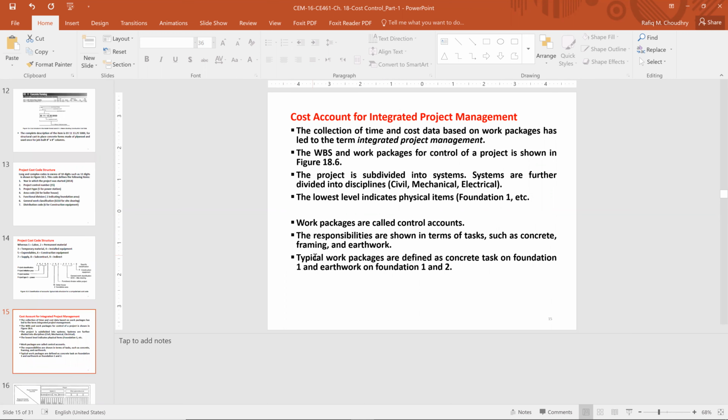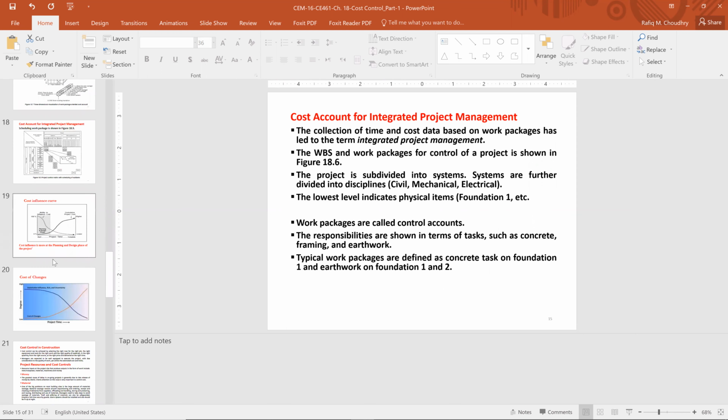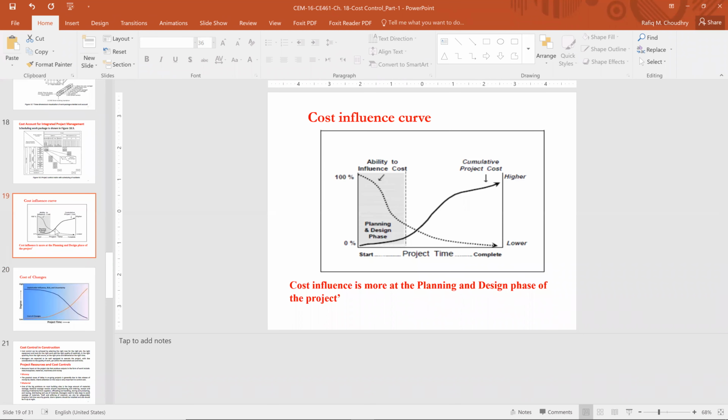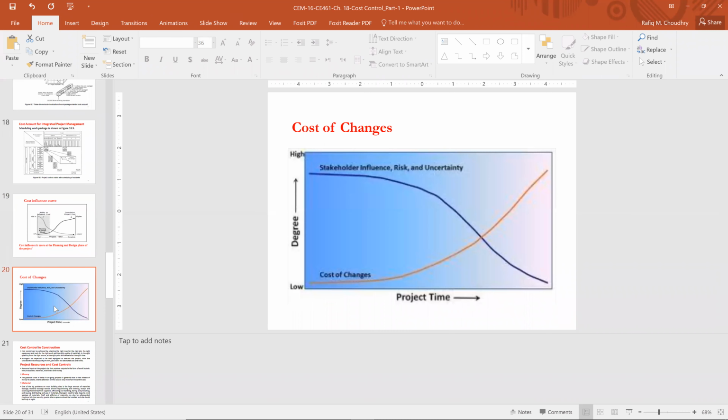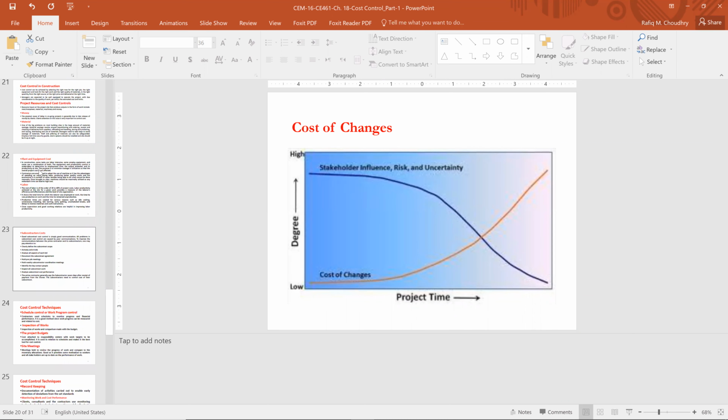We discussed cost accounts for integrated project management and how we apply them, and how cost influence is greater at the planning and design stage. The cost of changes is less in the beginning of the project and increases later.